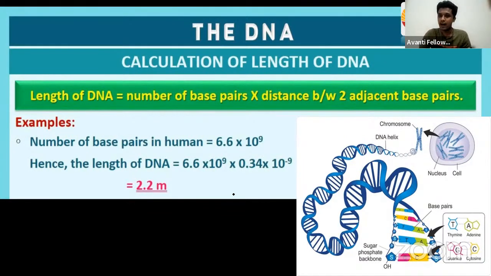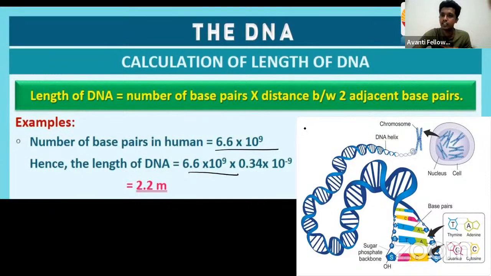So let us have an interesting topic to calculate. Let us calculate the length of the DNA. What do we know about the number of base pairs in our DNA? It is 3.3 into 10 power 9 base pairs, isn't it? So the total number of bases would be 6.6 billion bases, right? You multiply 6.6 billion bases by the distance between bases.